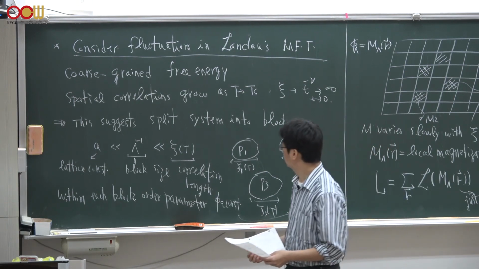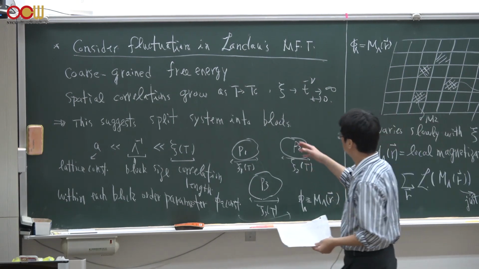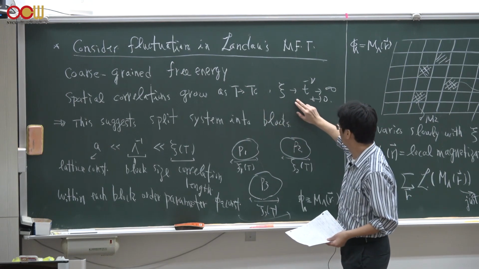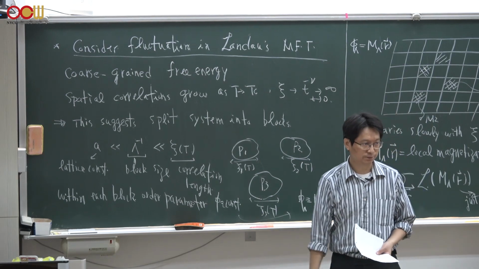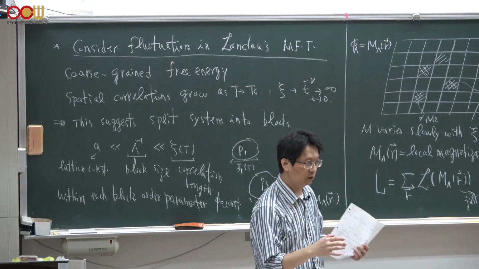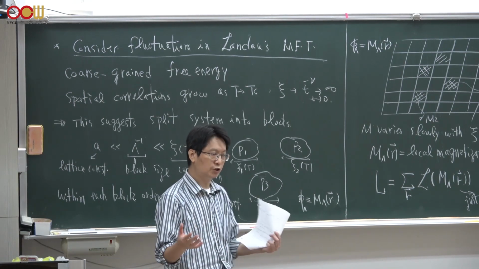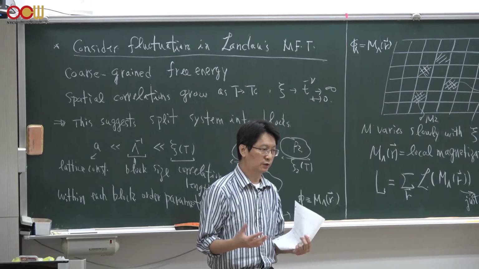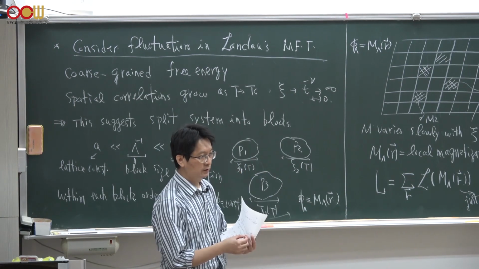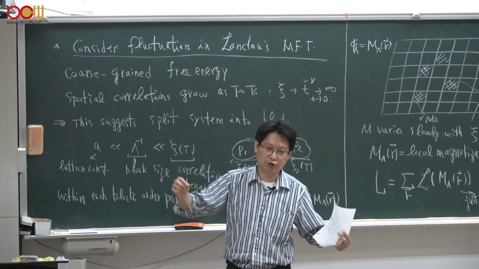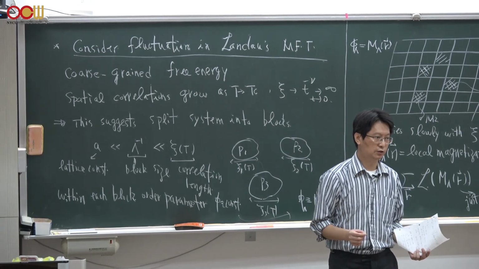Remember, the correlation length xi as a function of temperature diverges when temperature is close to Tc. The meaning of a correlation length is the correlation between two spins at different spatial locations, and the length scale over which these two spins are correlated is called the correlation length.